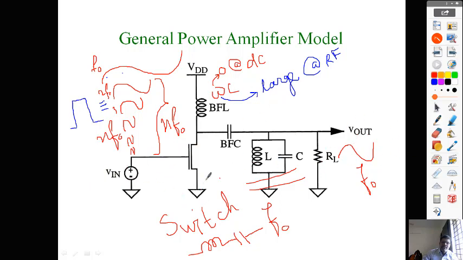But the processing through the active device gives only a pulsed type output, not a sinusoidal output, because it is operating very close to the cutoff region.